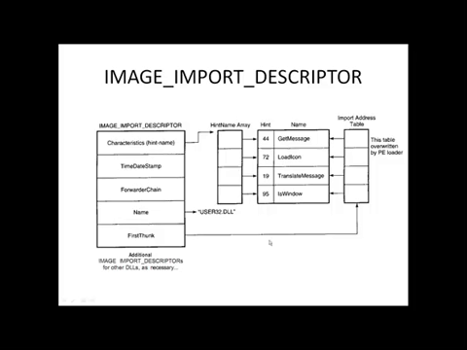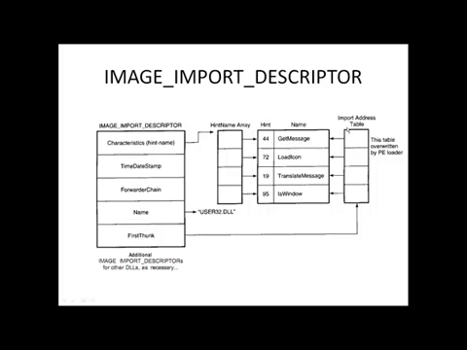But the loader changes the address. Now if you look at it, the different functions like GetMessage, LoadIcon, TranslateMessage, IsWindow, all these addresses are stored in the import address table as well as in the hint name array. But the import address table values get changed or overwritten by the PE loader.